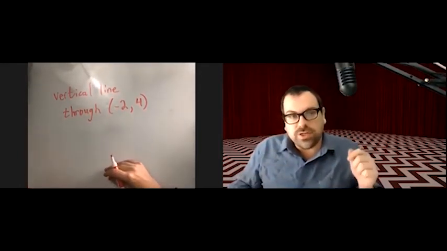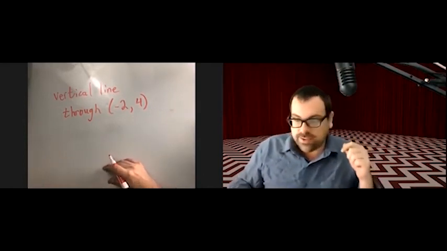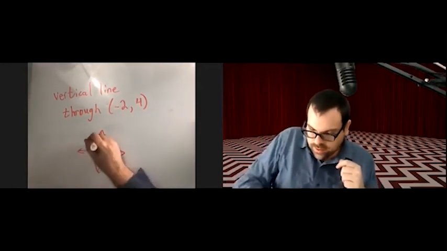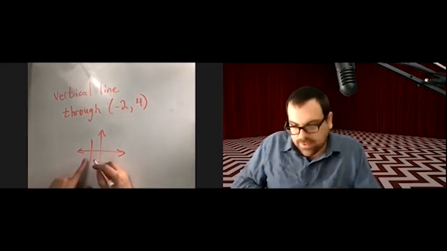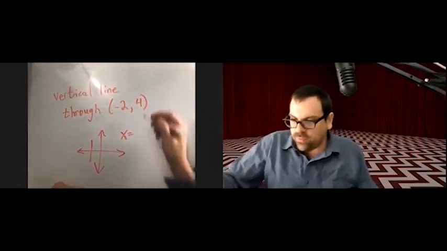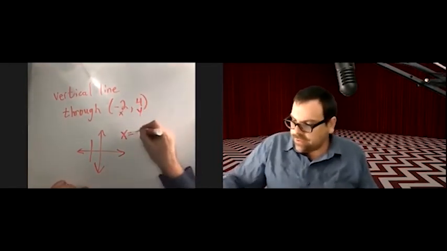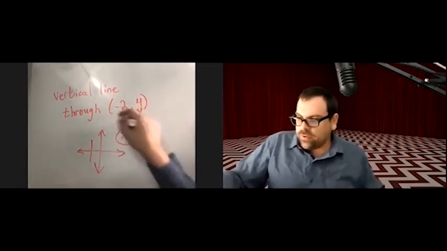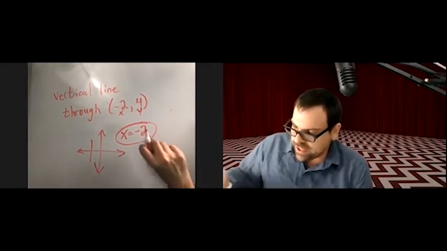To get the equation of a vertical line, ask yourself what axis it strikes. A vertical line would strike the x-axis. So a vertical line is x equals. And if we want it through this point, what's the x? -2. So the vertical line through (-2, 4) is x equals -2.